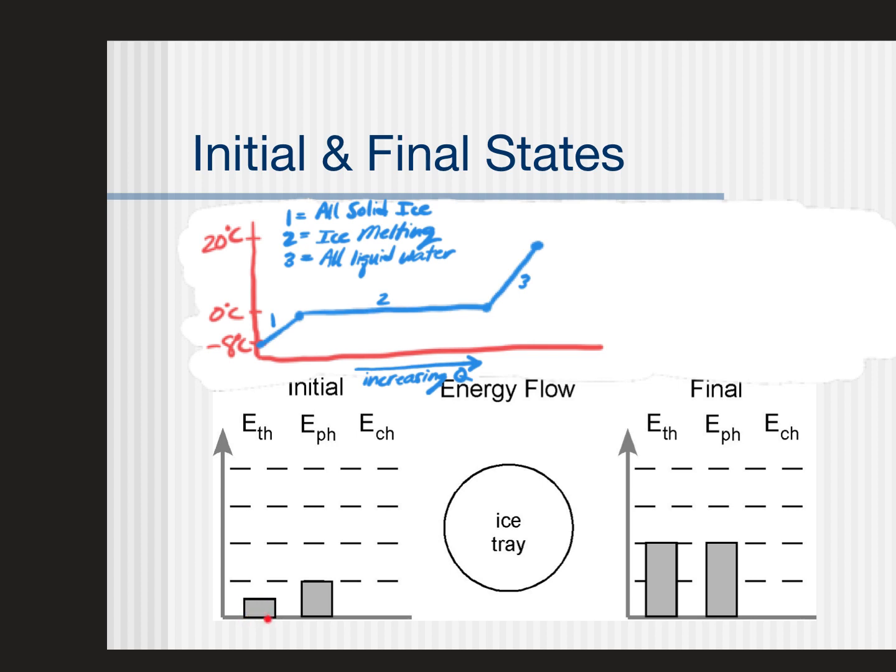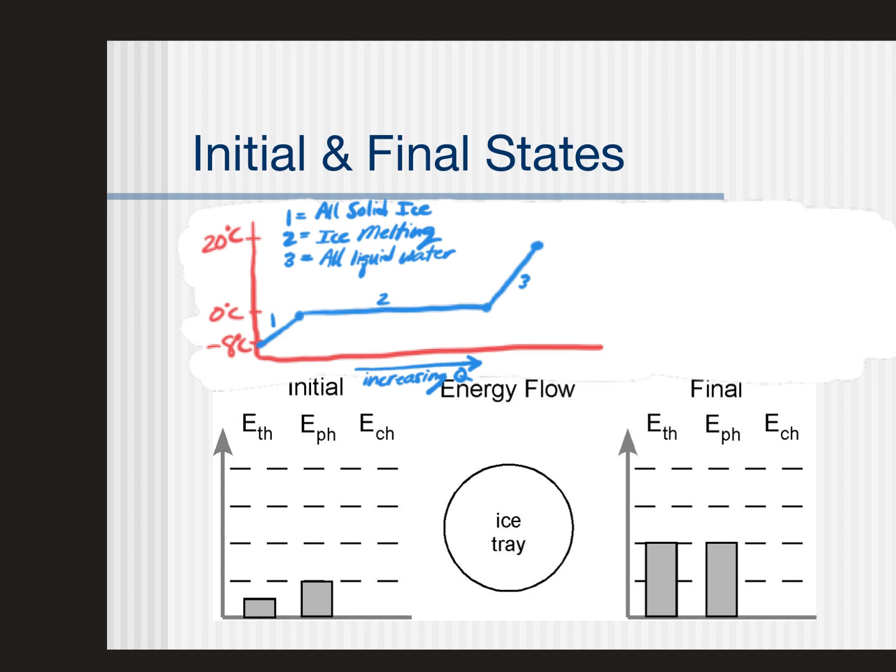There's nothing rigid about that. We're just doing this to show that there's a little bit of heat energy here, okay? We've got one block of phase energy because that represents a solid, okay? One block represents solid, and we established that a couple of slides ago.